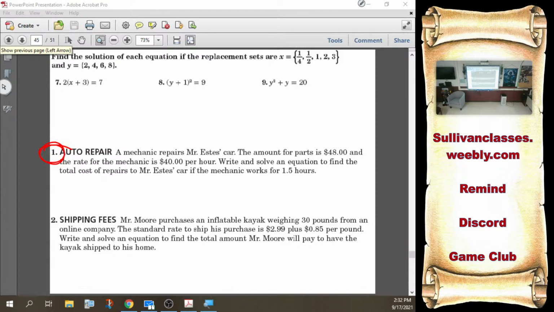You're overthinking it. It's 40 per hour plus the $48 is your total amount. Yeah. They said find the total cost if he does 1.5 hours. So now you're plugging in.